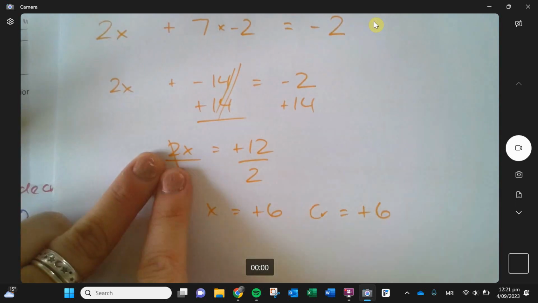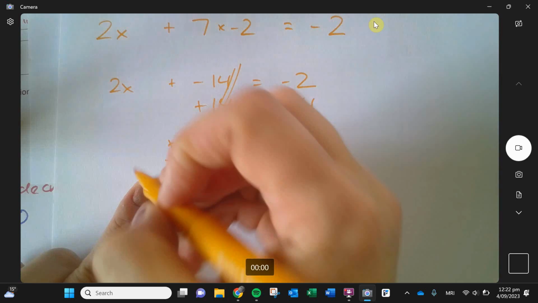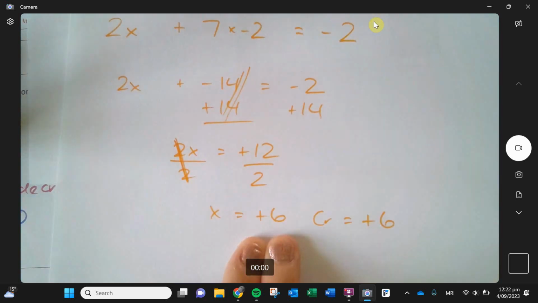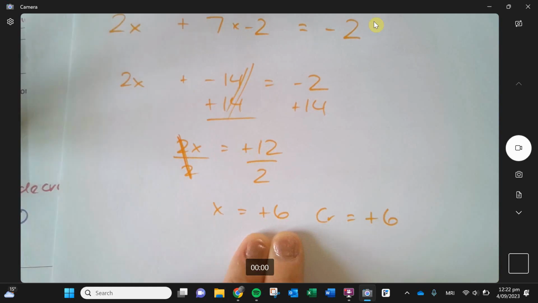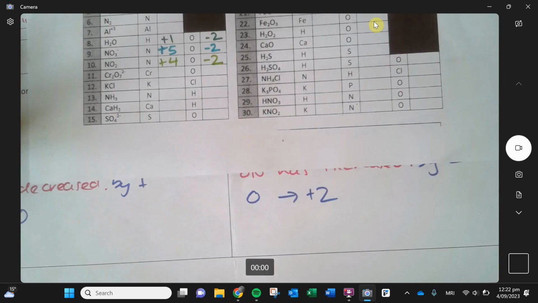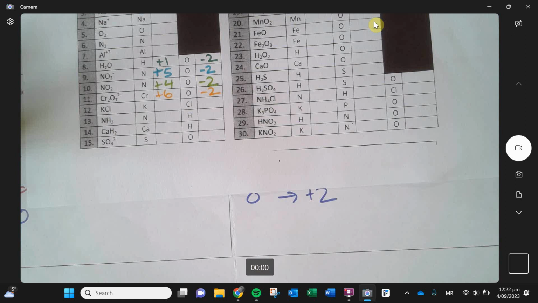So in order to get rid of the 2, I divide both sides by 2. So I'm dividing it by 2 to get those 2 to cancel. If I do 12 divided by 2, I get 6. So chromium is positive 6. So then when I go to write it on here, I go positive 6, negative 2. Hopefully that makes more sense.